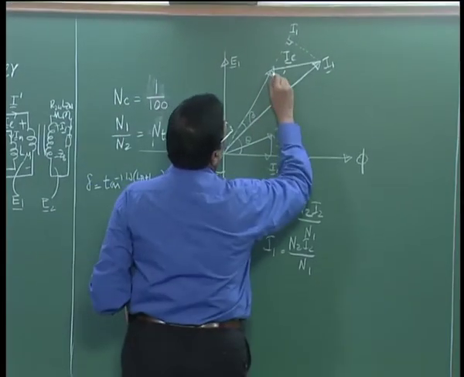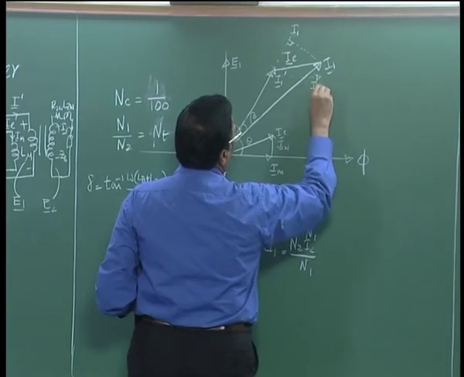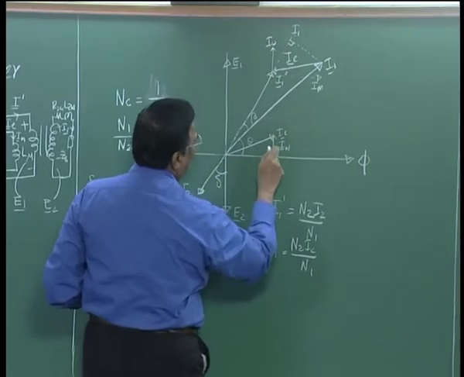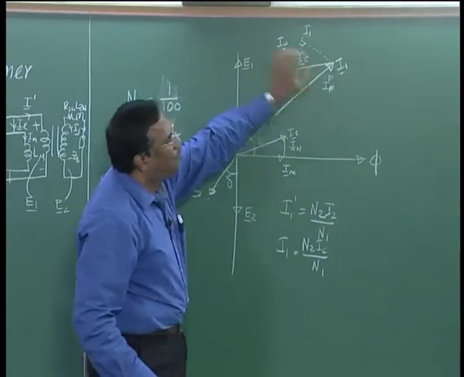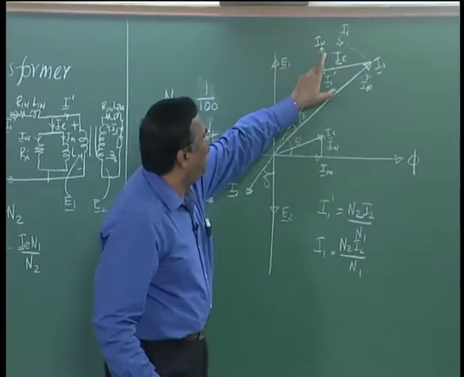Now, I can put IW and I mu, these two components of the excitation current, here, right. And what is the angle between IW and I1 prime?